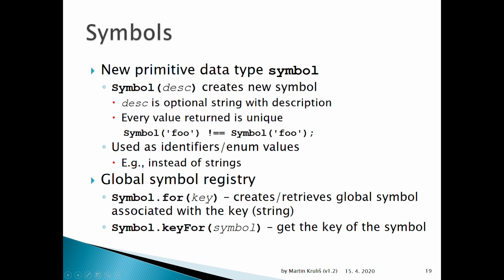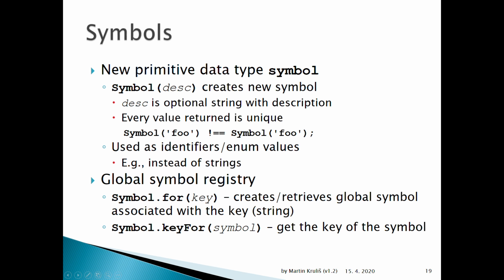Actually, if you want to use global symbols, so symbols which have global meaning that should transcend the modules and everything, then you can register a new symbol using the Symbol.for function. The symbol is registered under a specific string key, so it's associated with a string key. If it already exists, the symbol is retrieved using this function.